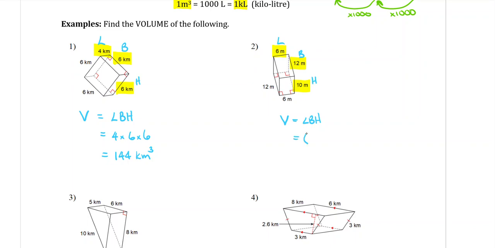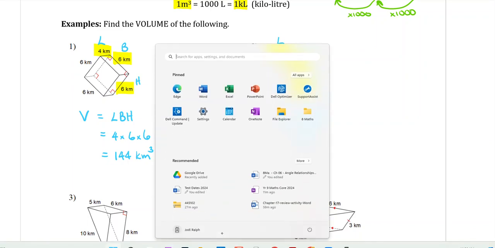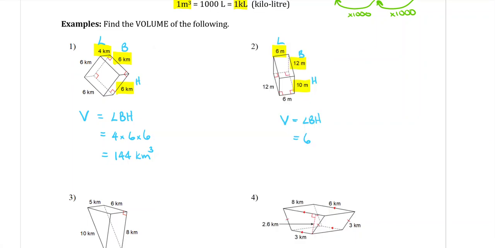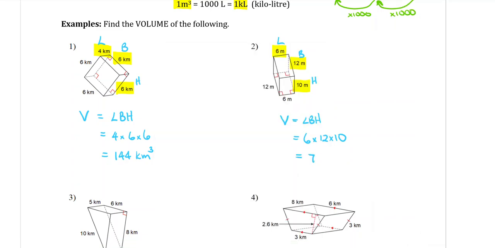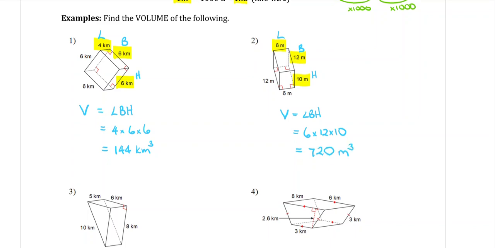L was 6 times... All right, so we're subbing in 6 times 12 times 10. And we're typing that in. 720. Very good. What would the units be? Metres cubed. Good job.